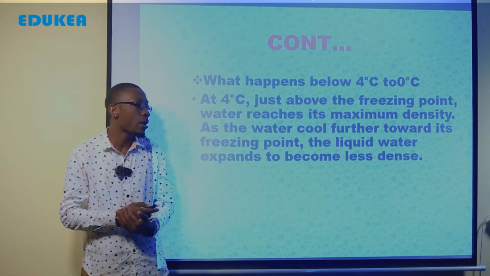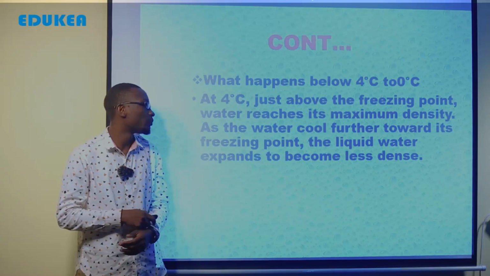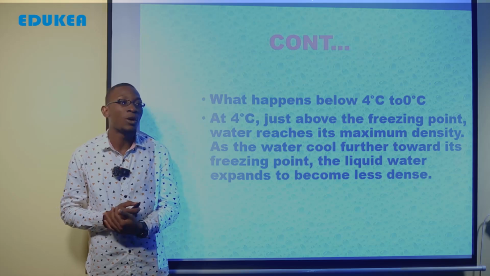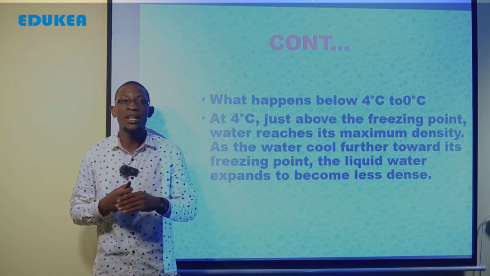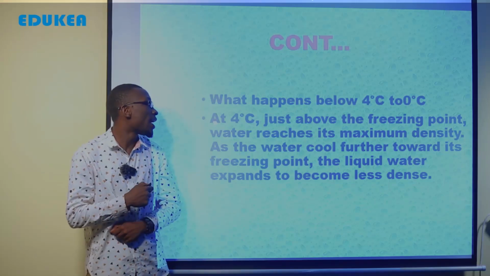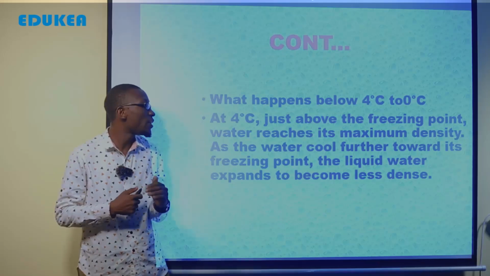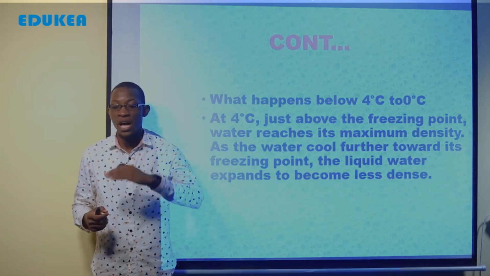So what happens below this? What happens below 4 degrees Celsius going to 0 degrees Celsius? It says that at 4 degrees Celsius, just above the freezing point, water reaches its maximum density.